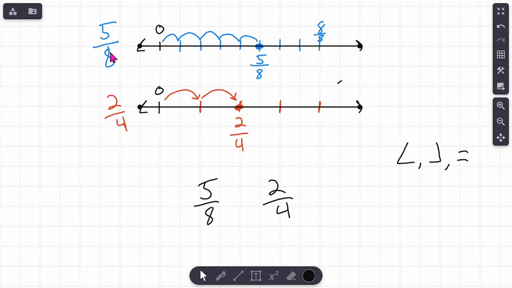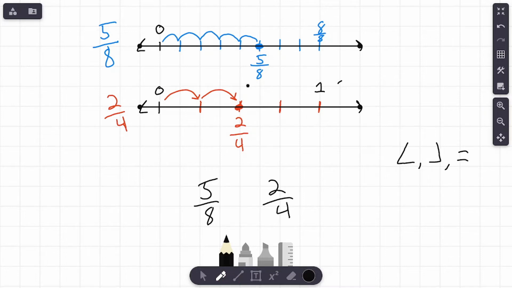Remember, the bigger the denominator, the smaller each of your sections are. All right. But in this problem here, is 5/8 closer to 1 whole, or is 2/4 closer to 1 whole?